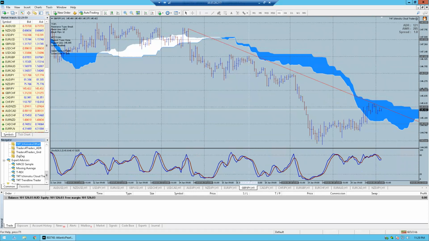And once again, we're in play. You can see how that dotted line follows the cloud as it moves. That's the key to this whole thing. The cloud is dynamic and my entry will move with that. I'm ready to capture a move through the top of the cloud at any time until I cancel this order. All right, then just having a look through some of these other ones.